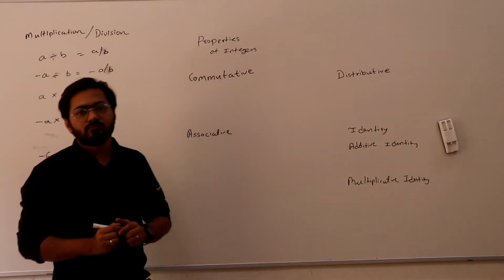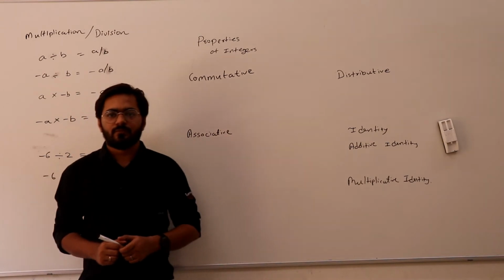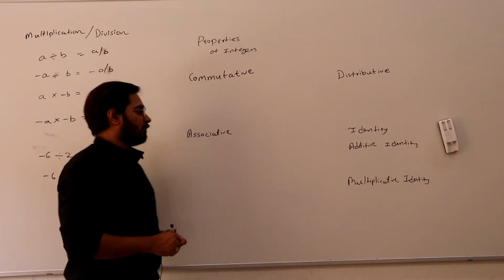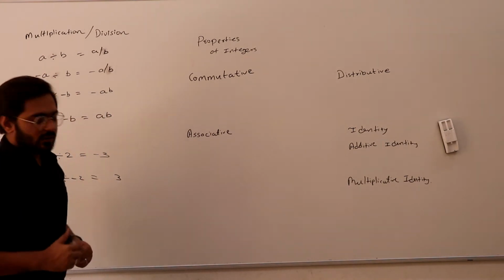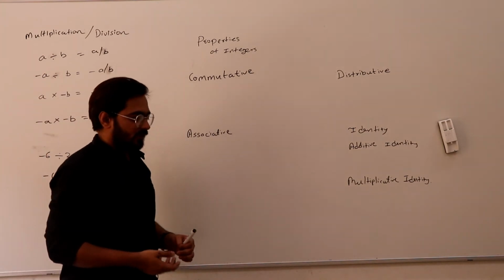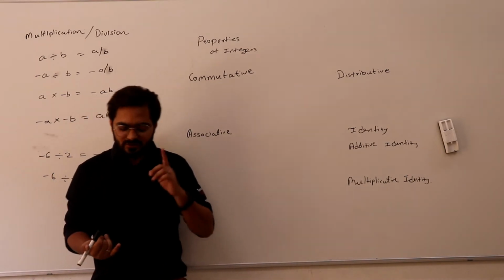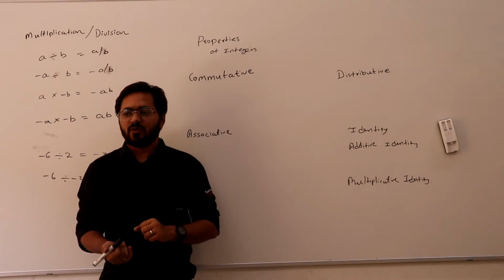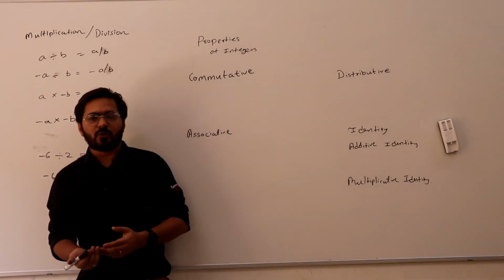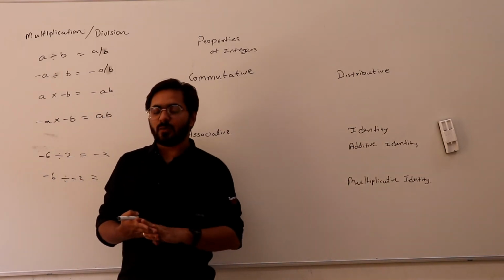Now, let us look at some of the properties of integers. Commutative property. Commutative means if I change the order, the answer shouldn't change, whether it is in addition, subtraction, multiplication or division. So we will see which processes follow the commutative and associative property.